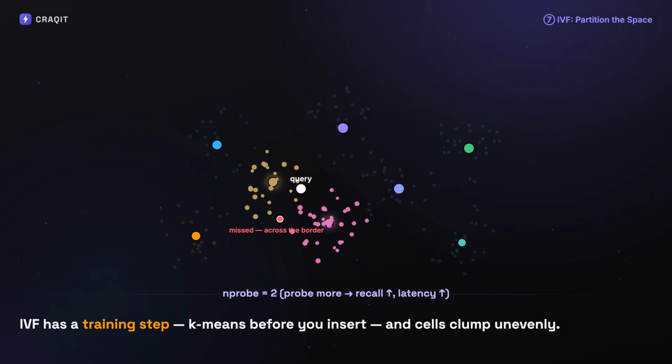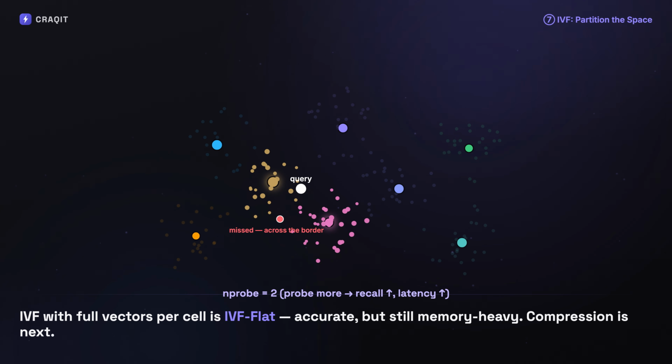So unlike HNSW, it isn't purely incremental, and if your data drifts, those centroids go stale and you retrain. And the cells are rarely balanced. Real embeddings clump, so some cells are huge and some nearly empty. On its own, IVF, where each cell holds full vectors, is called IVF flat, accurate but still memory heavy.